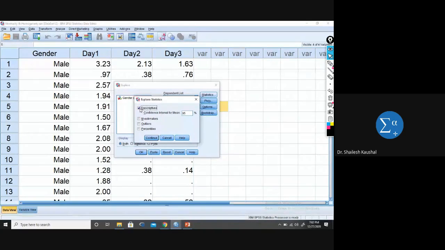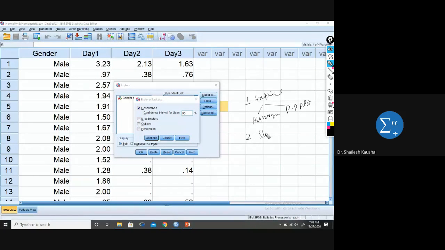I told you there are 3 ways to find the normality of the data. One method is graphical display, which means histogram and PP plot, where PP plot means probability plot.